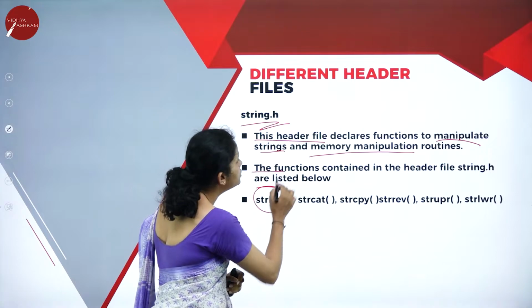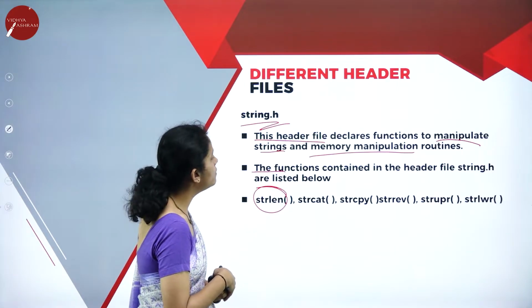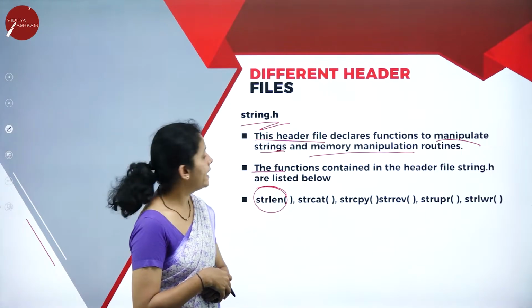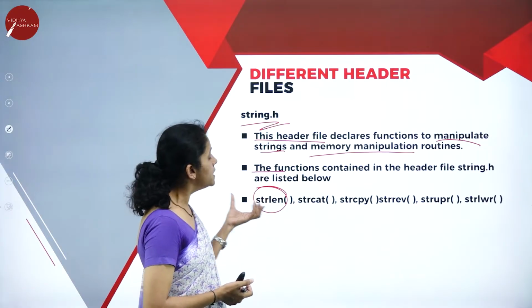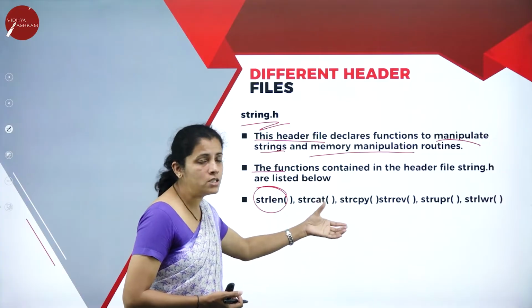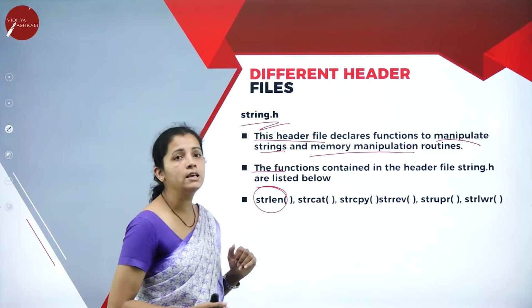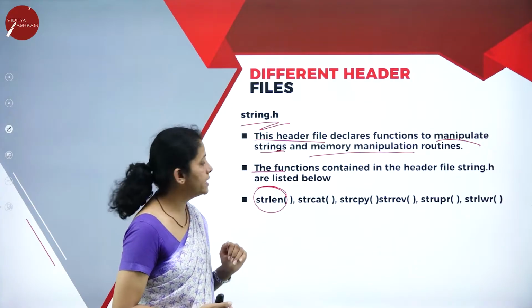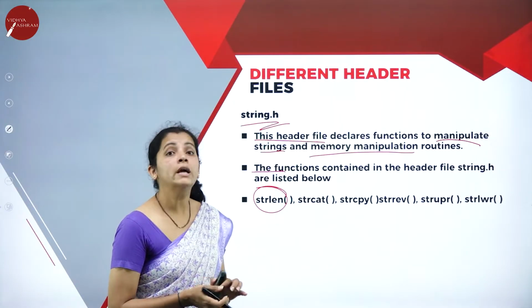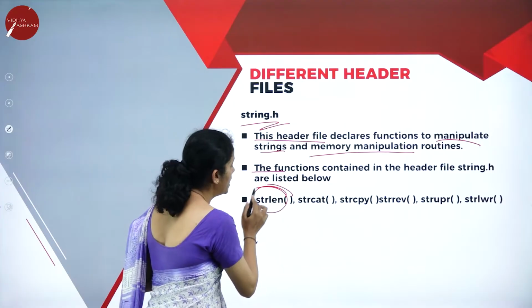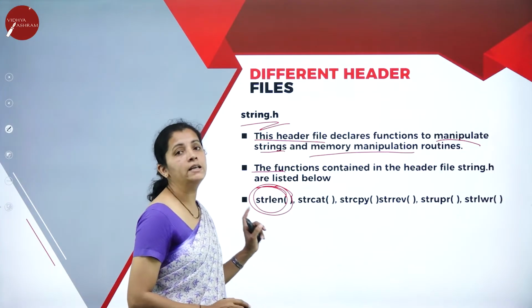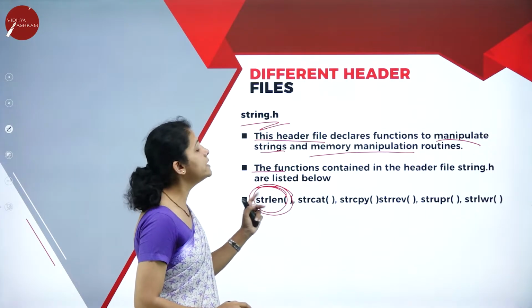The functions contained in the header file string.h are listed below. So what is the meaning here? These are certain functions supported by string.h. If I want to get the length of the string, at that time I can use the built-in function called string length.